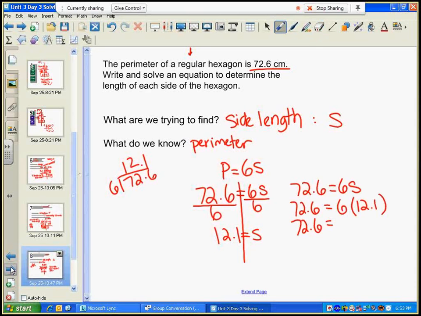I'm going to just check this on my calculator right now. 6 times 12.1 equals 72.6. That checks out, so I can box my solution. My side length is 12.1.